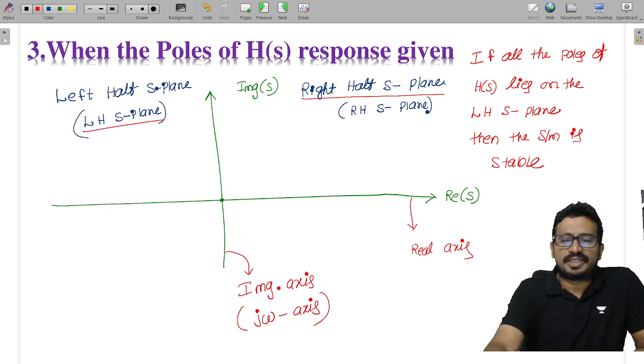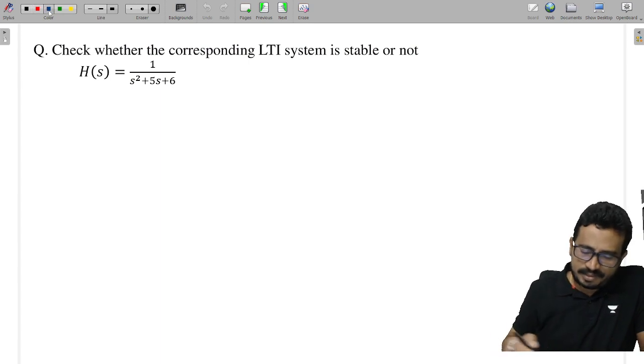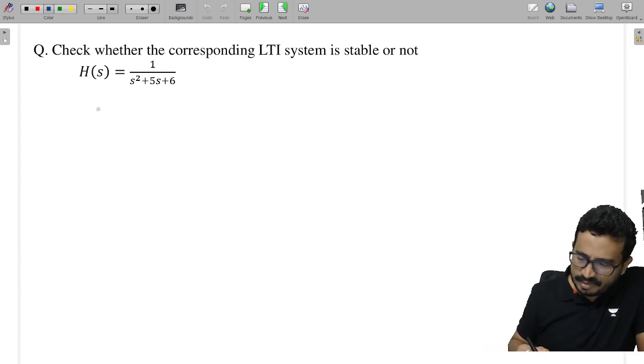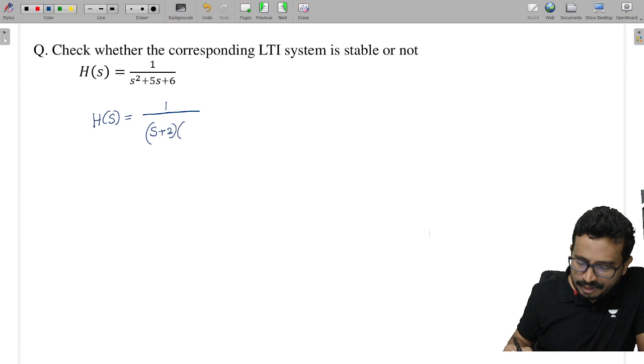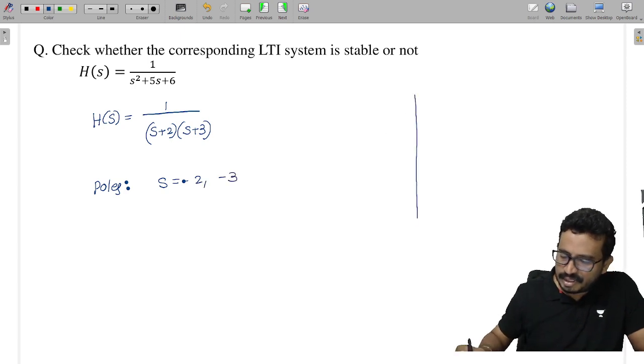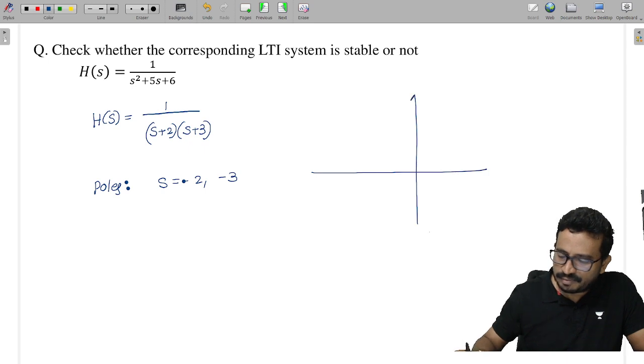Now let's see this with a problem. They have given the Laplace transform of the impulse response, H of S, which I can convert to partial fractions as 1 by S plus 2 into S plus 3. Tell me the poles of the system: S is equal to minus 2 and S is equal to minus 3. These are the two poles we have.